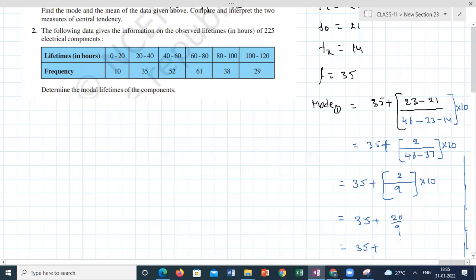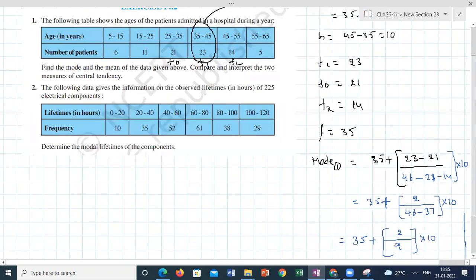What is the frequency? 21, not 20. 21 this is. 21 minus 40 means 35, and 35 means this is 11. So 20 by 11 is how much approximately? The answer for 20 by 11 is 1.81. The answer is 36.81.